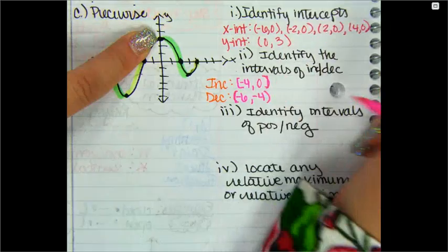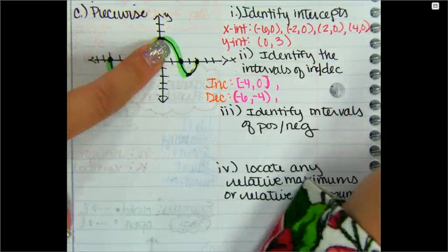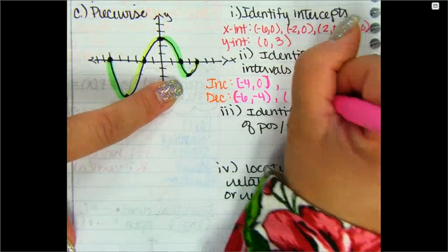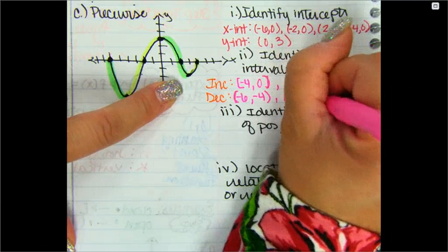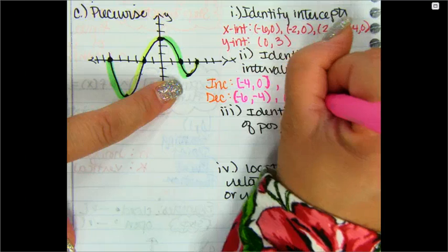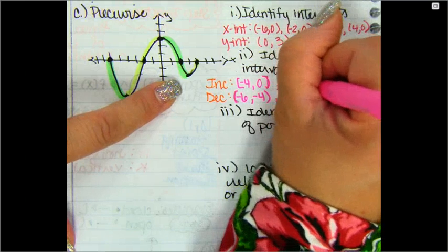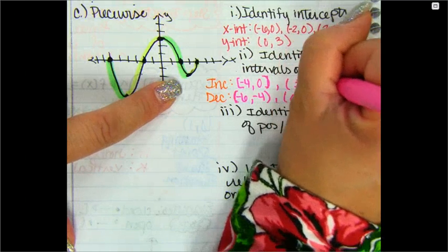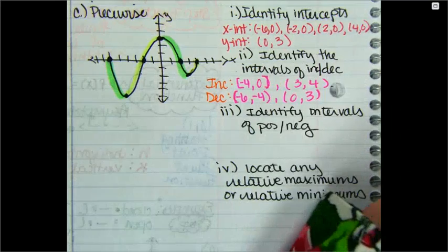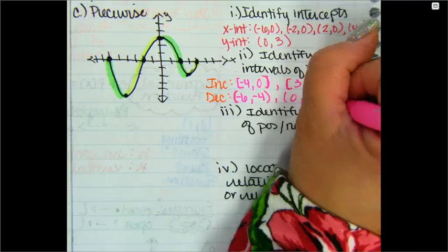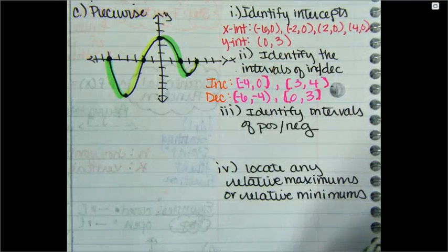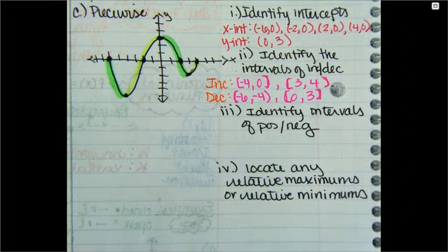And then we go what? From where to where? 0 to 3. And we increase from? 3. Very good. If you put brackets, it's fine. You put parentheses on this one, that's fine too. Either one is fine. Okay? Doesn't really matter. Got it?